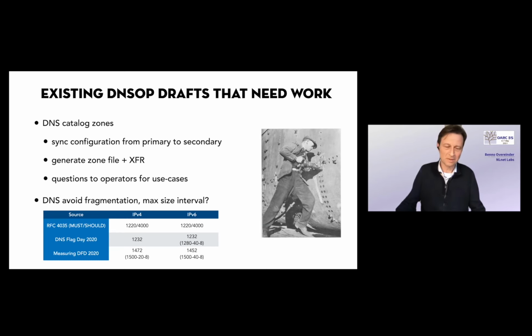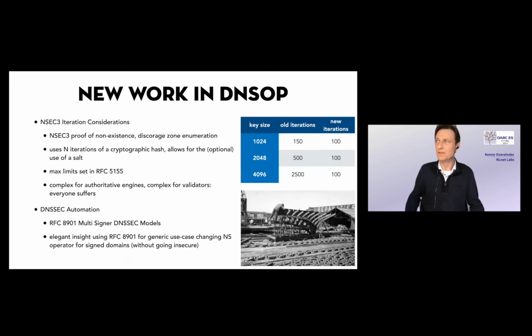This discussion will also be kicked off on the DNSOP working group mailing list to settle on a sensible range. And I will also send emails to the DNS operations mailing list of the OARC and the right mailing list for input from operators. Good.